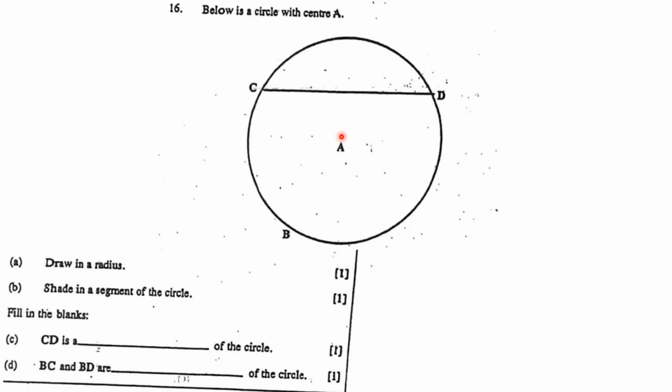Now the radius is going to be half of the diameter. The diameter is from end to end, going straight through the center. But the radius is only half of that.